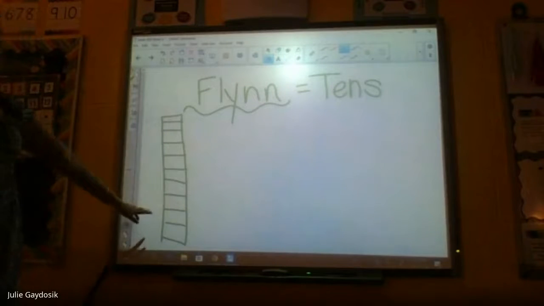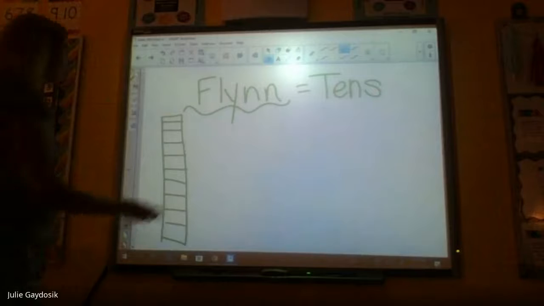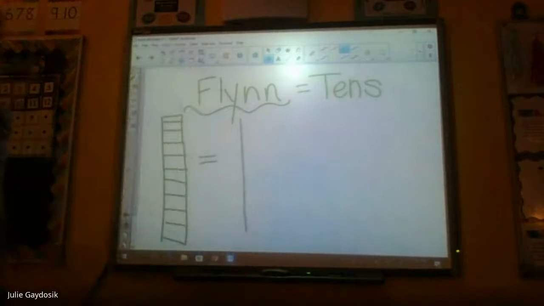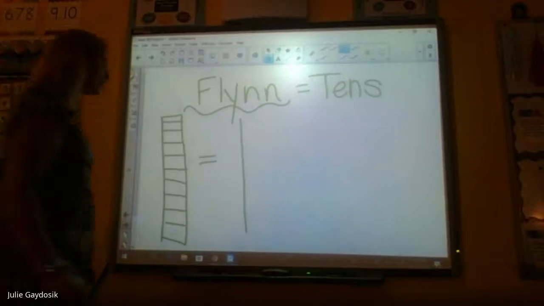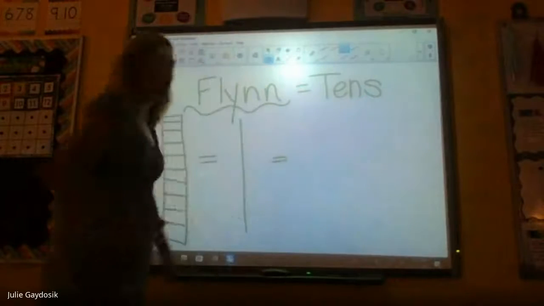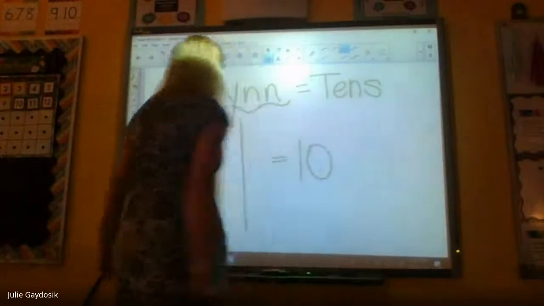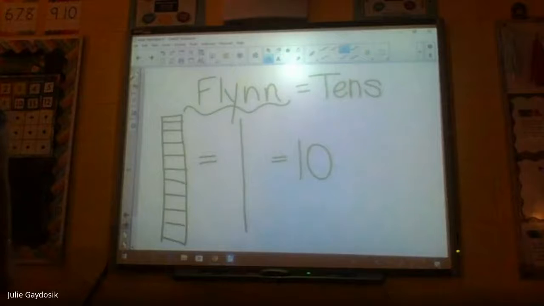So that's Flynn as his tens cube, right? But you can also write him as a stick. And one Flynn is worth 10. So one Flynn is worth 10. Okay, so that's Flynn, remember?